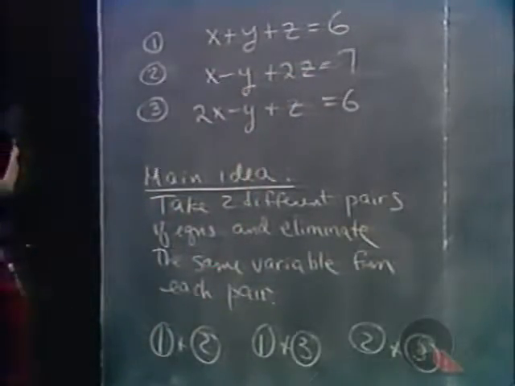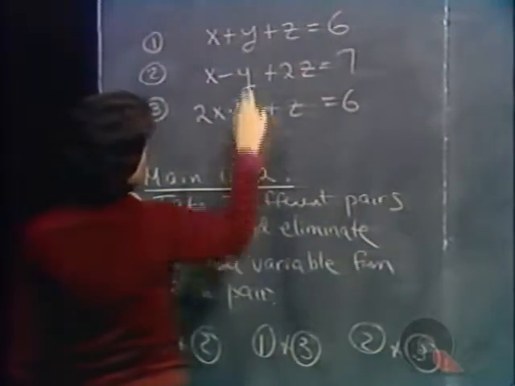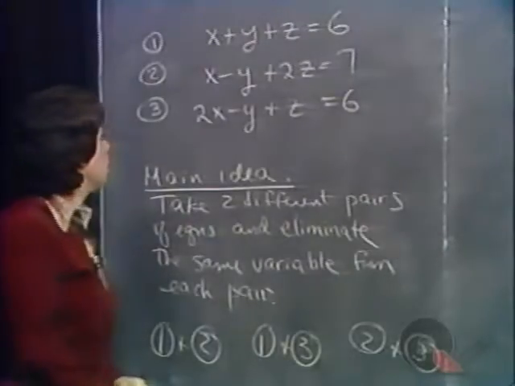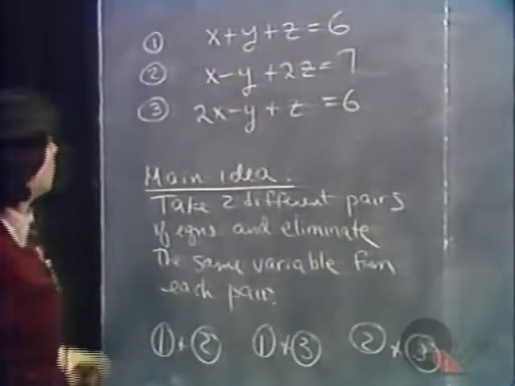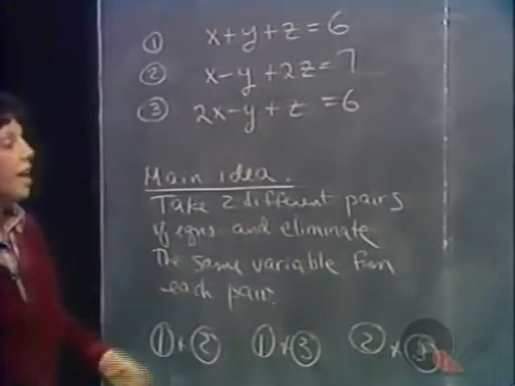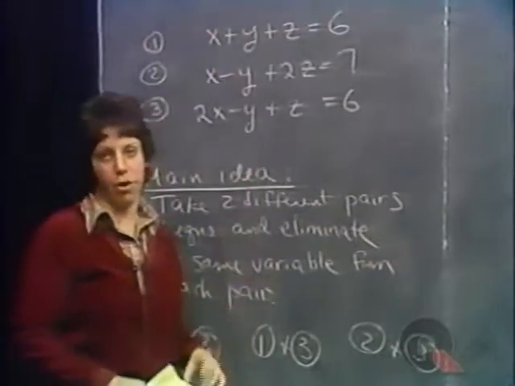In a similar fashion, we could eliminate y from equations 1 and 3 also very easily by adding equations 1 and 3. So we would therefore have 2 equations, both involving only x and z, which we could then solve for these variables x and z. Having found that, we could substitute in any of the equations to figure out the third variable, y.